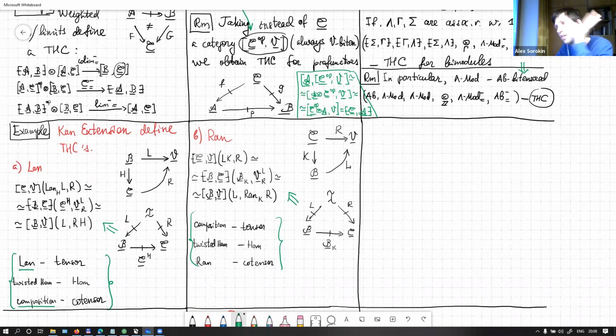Since I have an agreement that first is going tensor, then Hom, then cotensor, I can easily identify who is who. So composition here becomes tensor, not as before cotensor. Cotensor is Ran, and twisted Hom is again Hom for this thing. So the moral is the following.